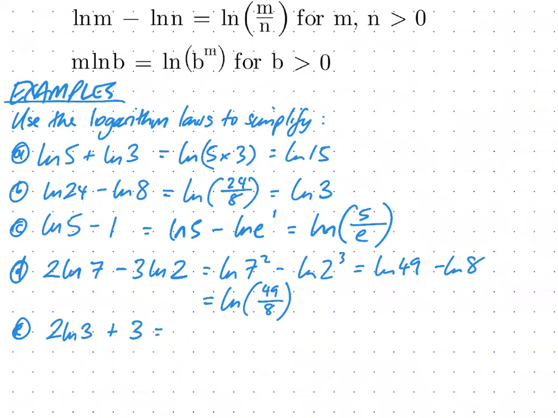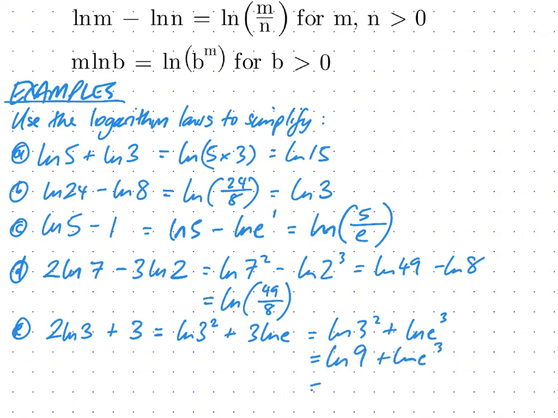Lastly, what we have here, 2 ln 3 is the same as ln of 3 squared. Now, much like we had here, the 1, we can rewrite this 3 as 3 lots of ln e, which is the same as ln of e to the power of 3. ln of 3 squared, well, 3 squared is 9. ln of 9 plus ln of e to the power of 3.